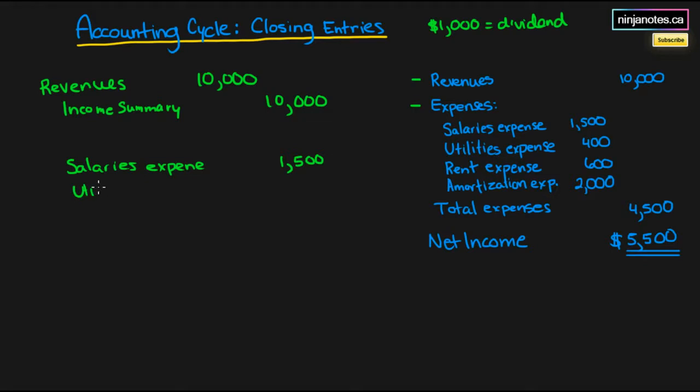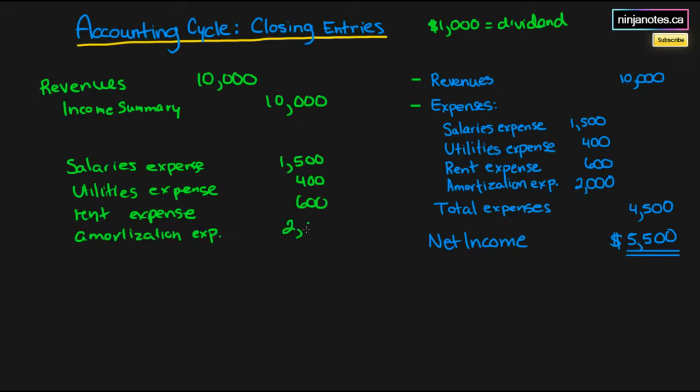We'll have utilities expense being credited for $400, rent expense being credited for $600, and finally amortization expense, I'm just going to abbreviate this last one, being credited for $2,000. That way we have reduced the balance of all these expense accounts to zero. And where are we going to transfer them to?